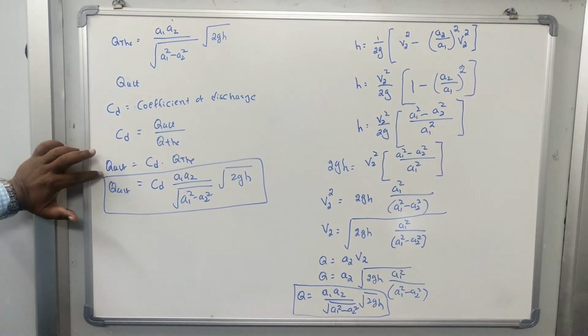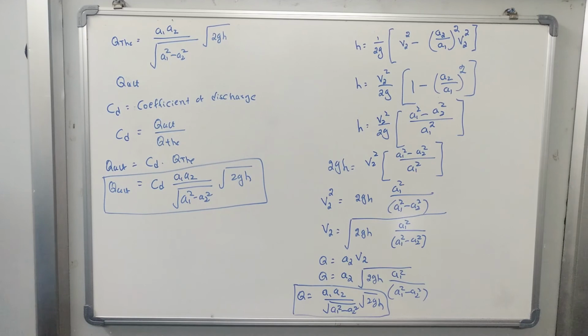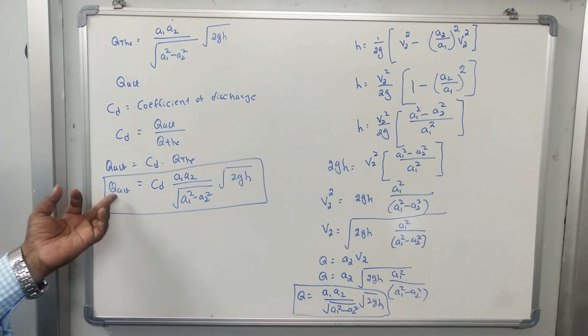When you come to the 5th semester, you have an experiment in the fluid mechanics lab. You have to conduct the actual experiment using the Venturimeter and calculate the actual discharge.